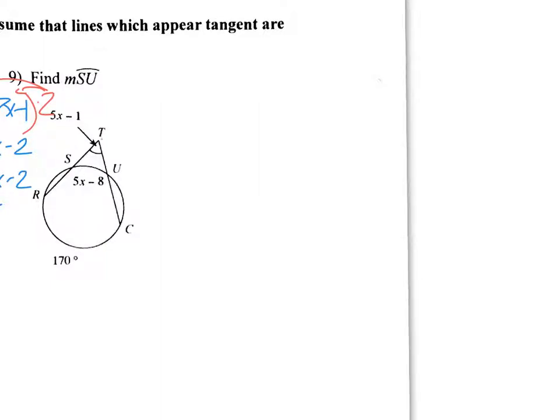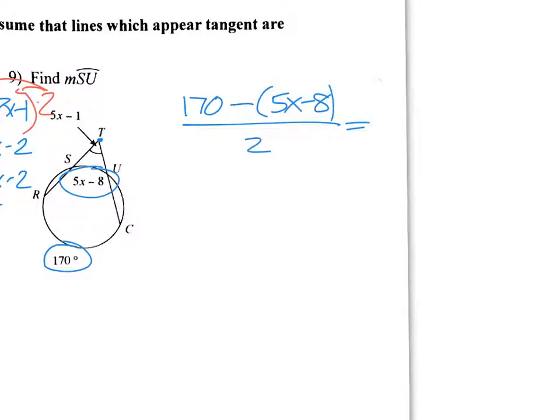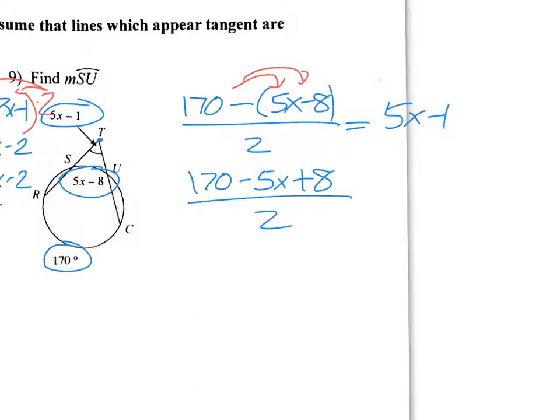Okay, where's the vertex? Outside. So we do big arc minus small arc. Again, put that in parentheses. Divide by 2 equals the angle, which is 5x minus 1. Now, why do parentheses? Because you got to do distributive with the negative. So you get 170 minus 5x plus 8. Now I'm going to get rid of my 2 by multiplying. So again, distributive here.